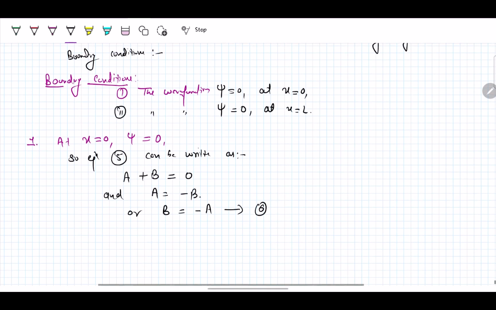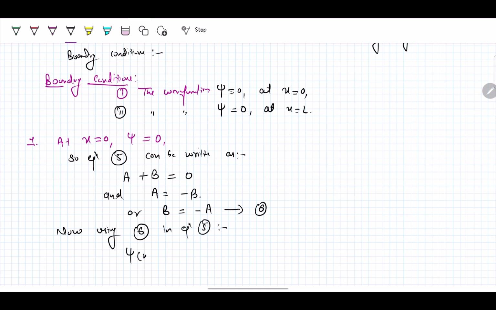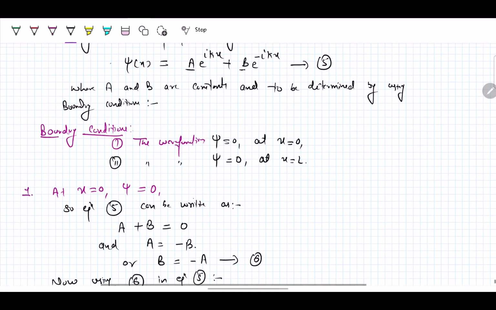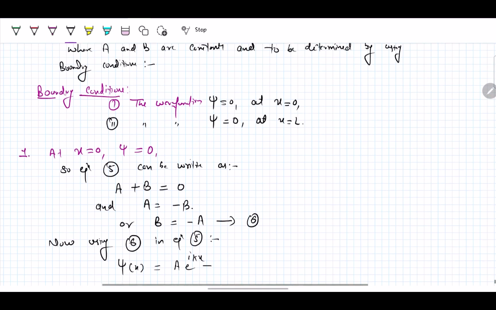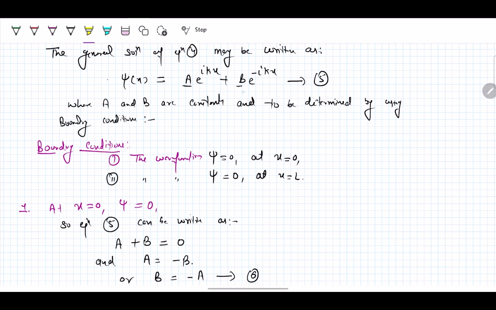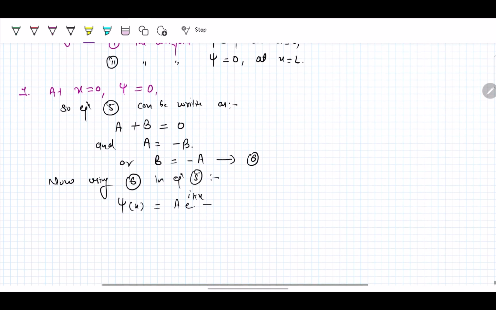All right, now using equation number 6 in equation number 5, we get psi x is equal to a e to the iota kx minus, putting b as minus a, so we get minus a exponential minus iota kx.